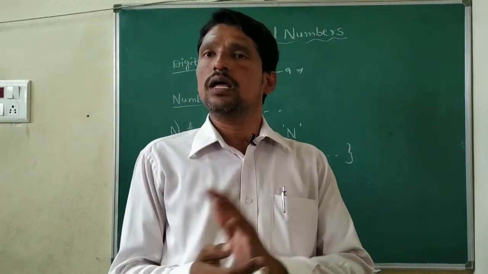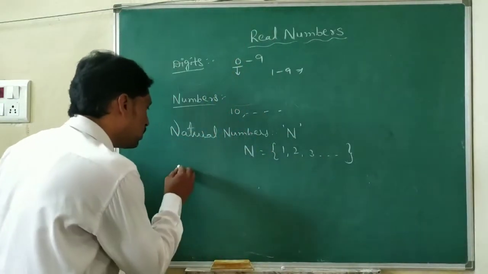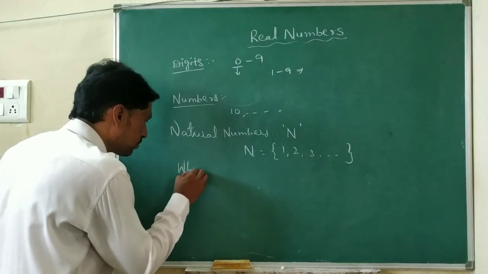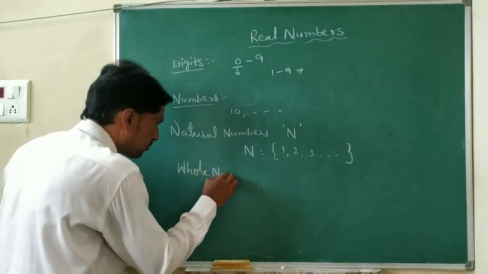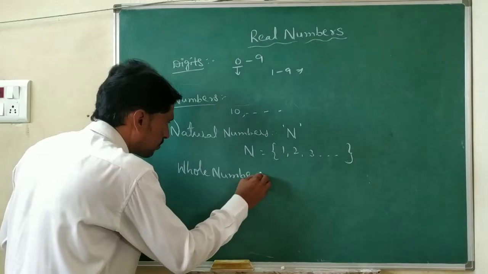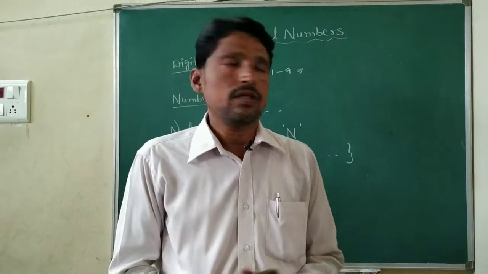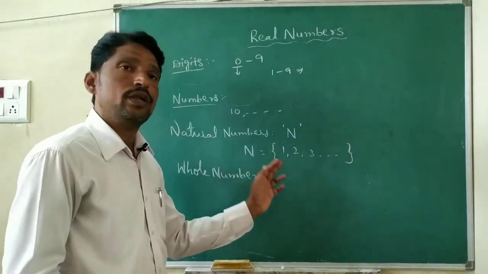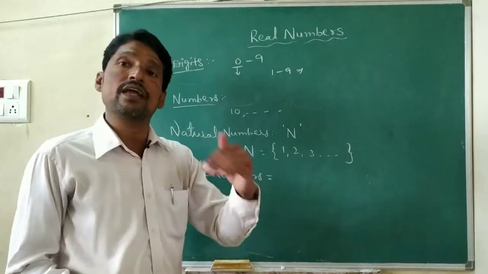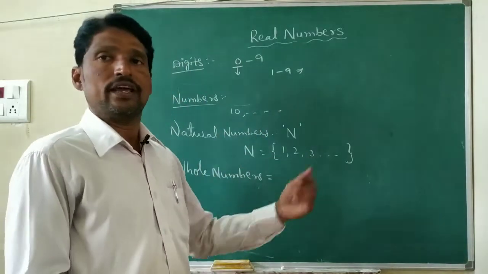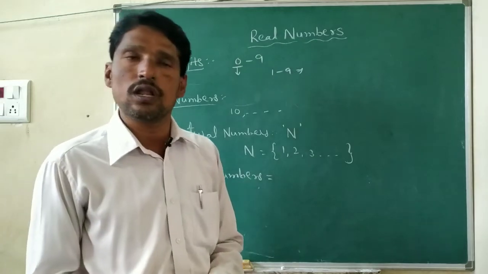Next, whole numbers. What are whole numbers? We include 0 to the natural numbers, and they are called whole numbers.